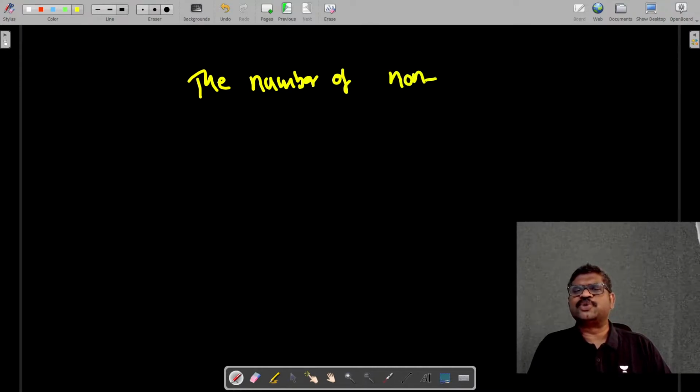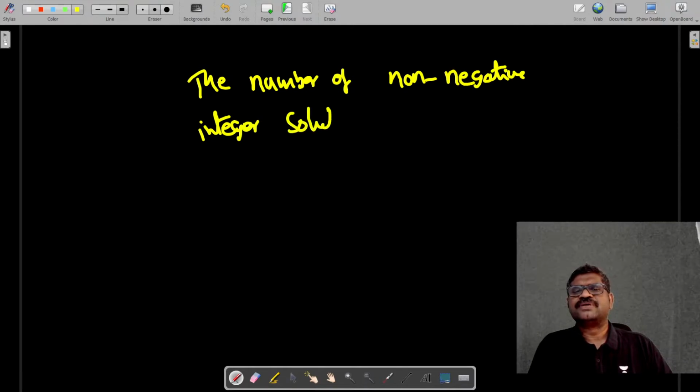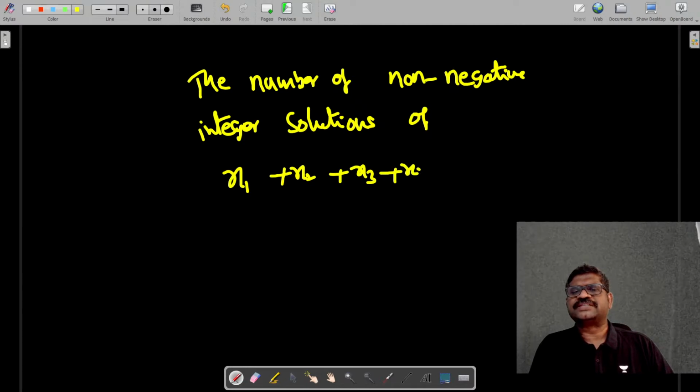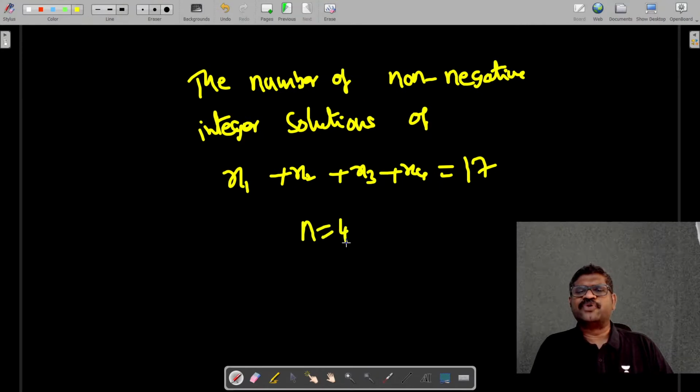So now the given problem reduces to the number of non-negative integer solutions of x1 plus x2 plus x3 plus x4 equal to 17, where n value 4, r value 17.